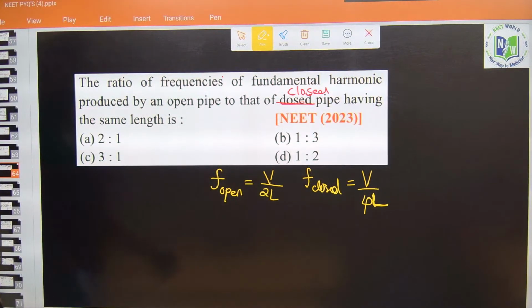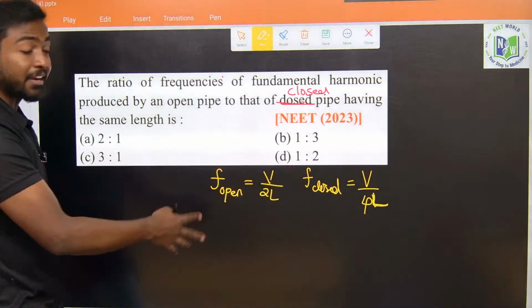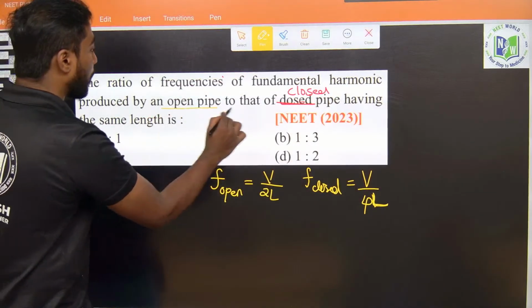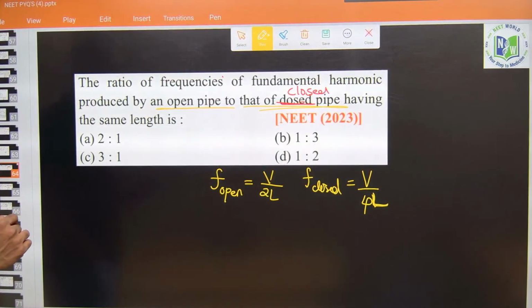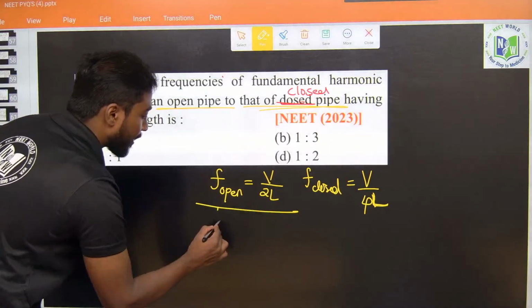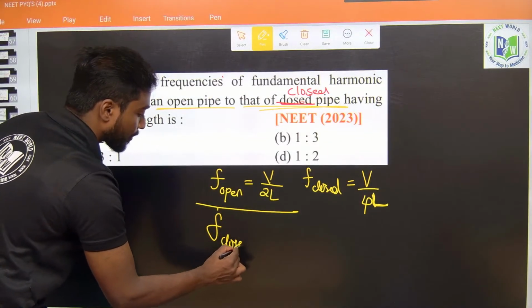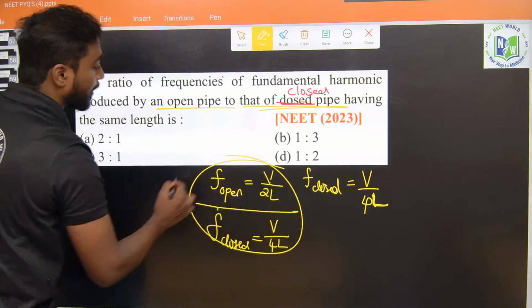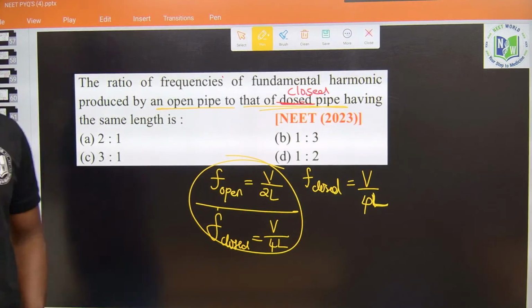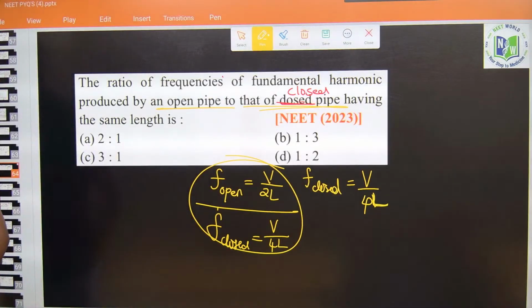Now I can substitute and take the ratio of both. What they have asked is open pipe to the closed pipe. So F open divided by F closed is equal to V by 2L divided by V by 4L. That's it. From this, I will get the ratio of the given question. Can we go for the next question?